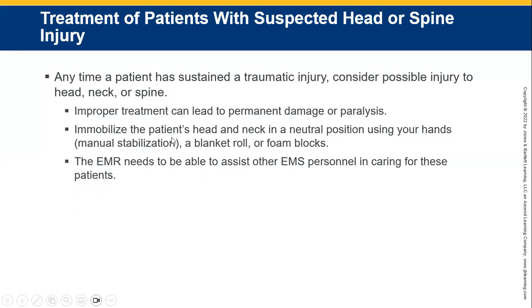Remember, once the patient's head and neck is in a neutral alignment, we must use blankets or head blocks, things like that, to manually stabilize the head, the foam blocks.